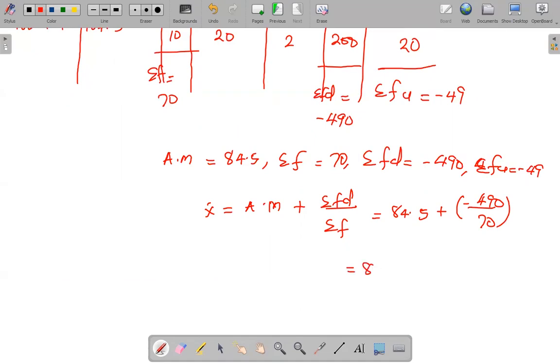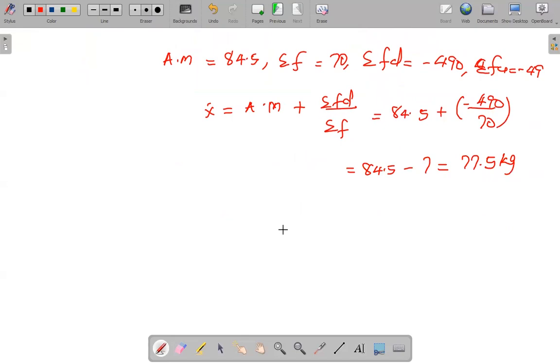And that gives us 84.5 minus 7, which is 77.5 kilograms.